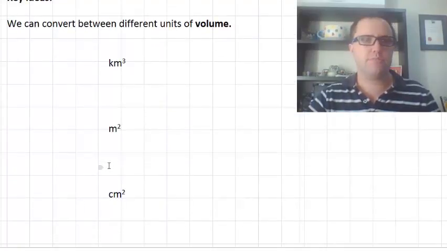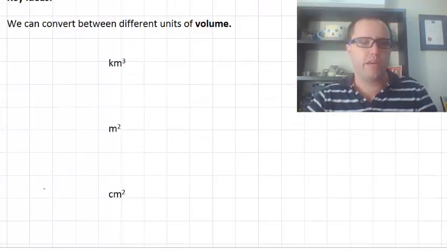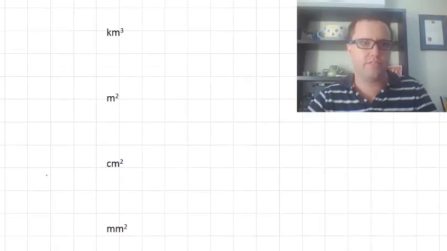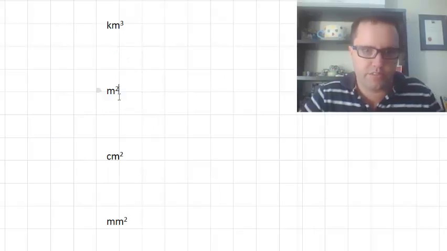Okay, so some key ideas. We can convert between different units of volume like we have been able to convert between different units of length and time and that kind of stuff. Okay, so we'll use our little ladder formula the way that we usually do. Now you remember, it's a bit naughty, I've left the squareds on there.